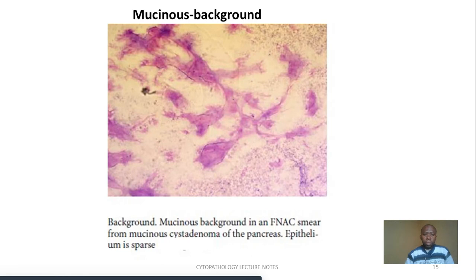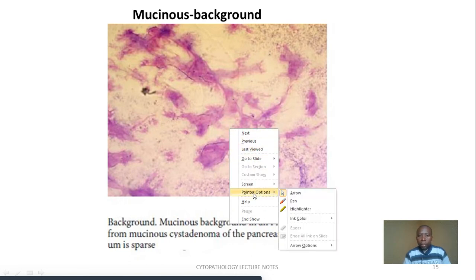So in this image we have an illustration of how a mucinous background looks, in a fine needle cytology smear from a mucinous cystadenoma of the pancreas. We look at the epithelium, which is sparse. So we have the mucoid or the mucinous background appearing. I think this is clearly seen.